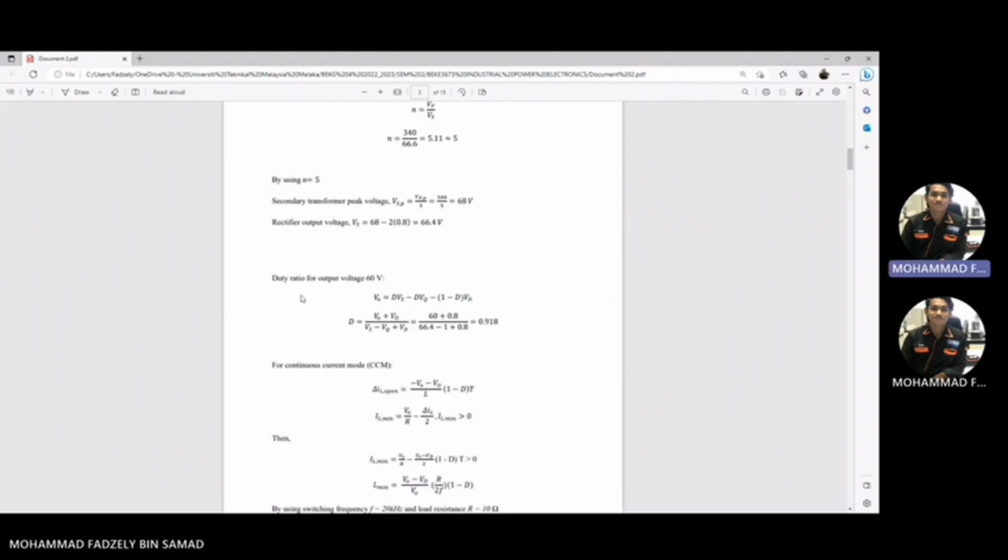For duty cycle for output voltage 60 volt, by using this equation, we will get duty ratio 0.918.